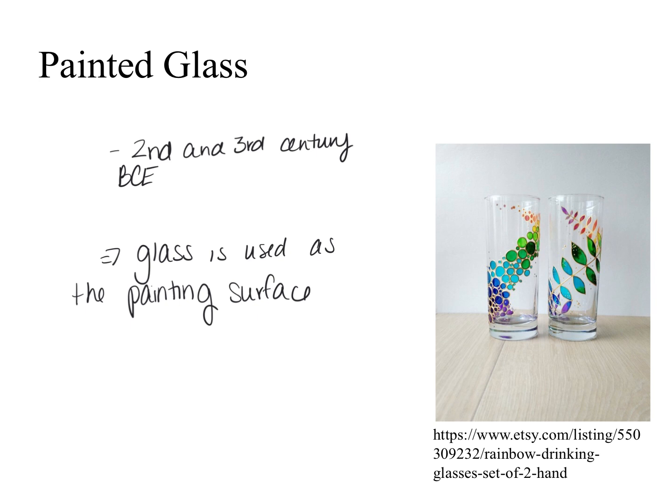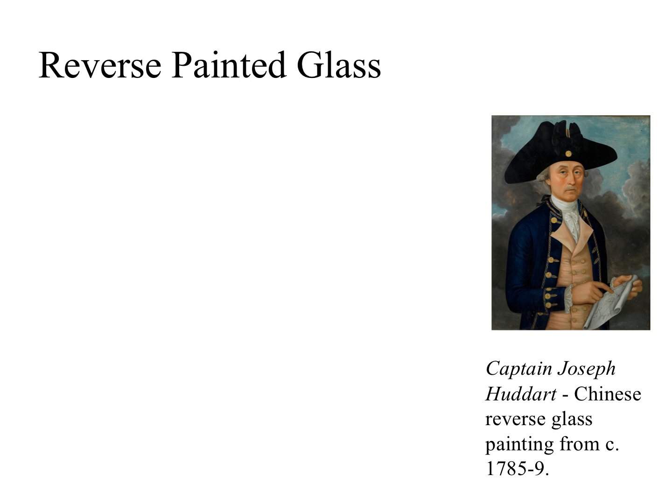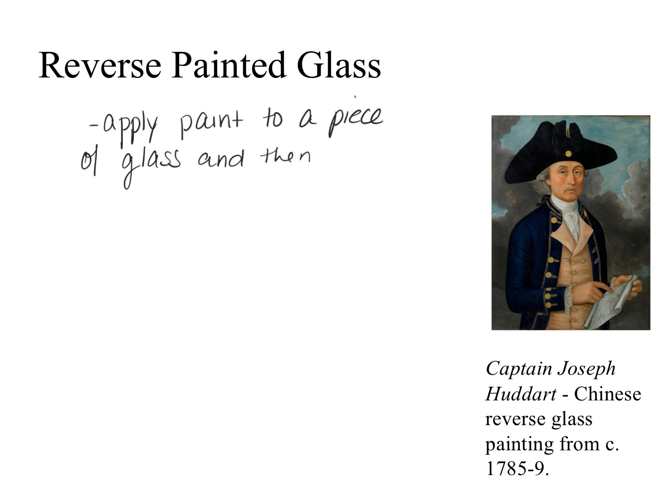Another type of glass painting, though, that was really popular in the Middle Ages was reverse painted glass. So reverse painted glass, you just apply paint to a piece of glass, and then view the image by turning it over. So this was popular in the Middle Ages.